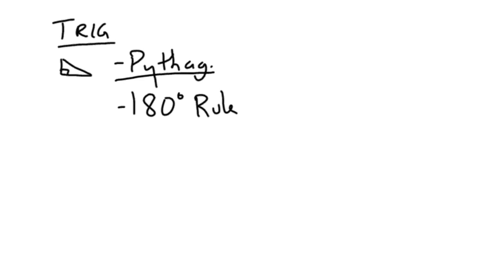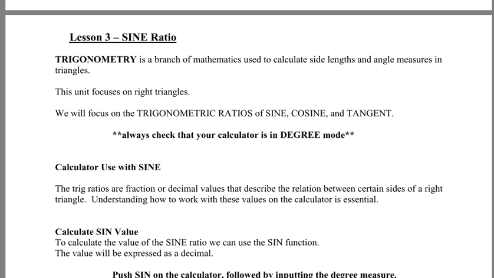Finding side lengths with Pythagoras, angle sizes using the 180 rule. But these only work. I can only find side lengths using Pythagoras using side lengths. I can only find angle sizes using other angles. And that's the big difference now as we move into the trig stuff.